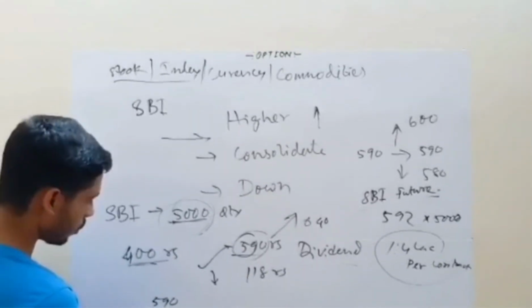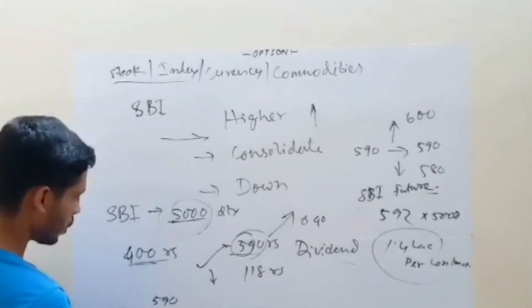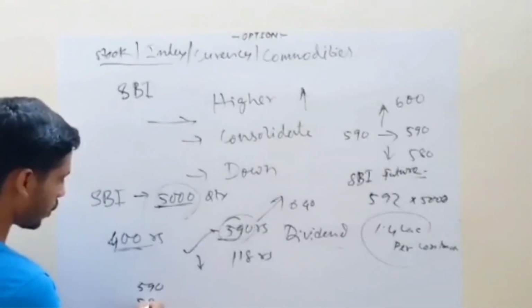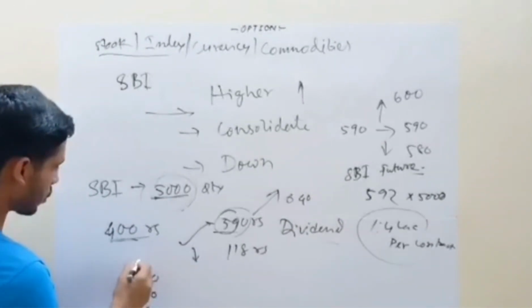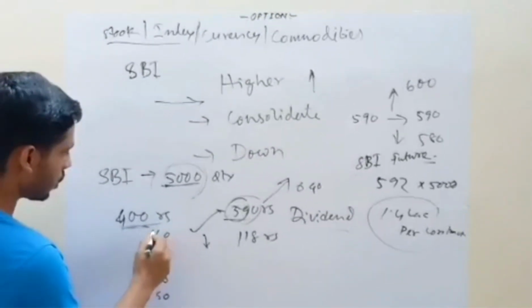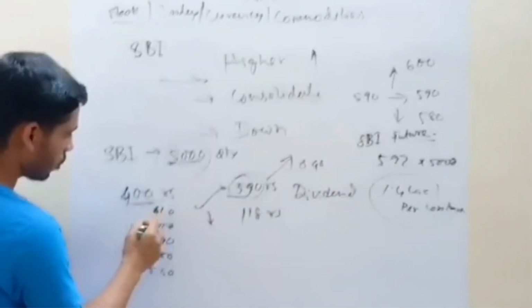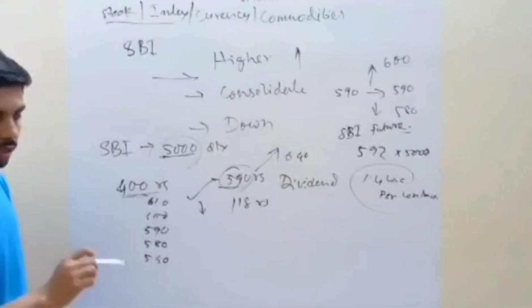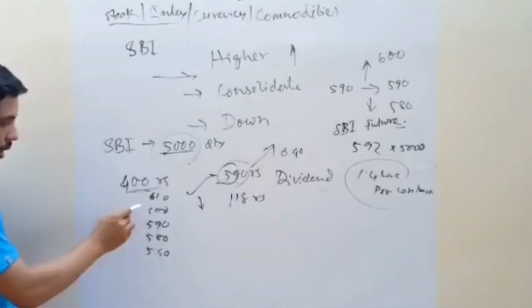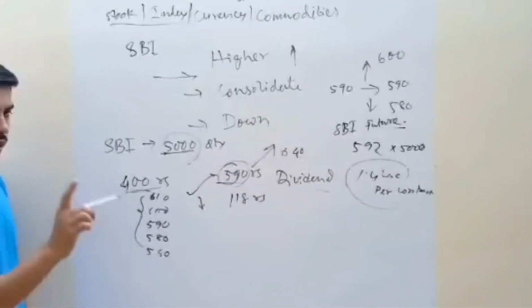Maybe 590, 580, 560, or on the upper side 600, 610, like that. Based on that, you have to create a contract value with the seller or buyer. So you have to take the bet as per these predefined prices. You can't take a random price.